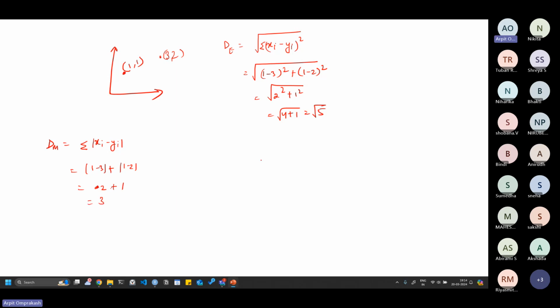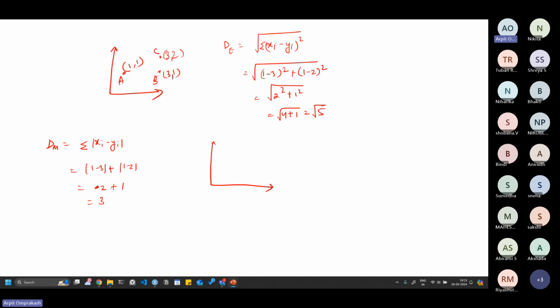You might be given questions such as, let's say you're given 3 points. Let's say you're given another point here, 3 comma 1, and these are labeled A, B, C. You'll be asked which two of them are the closest to each other.